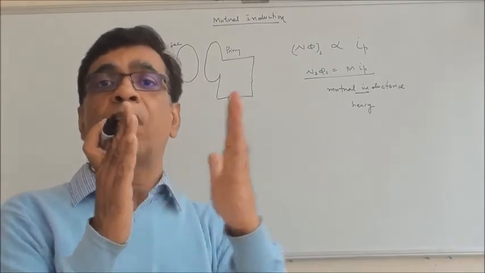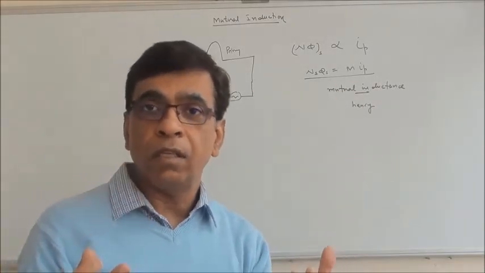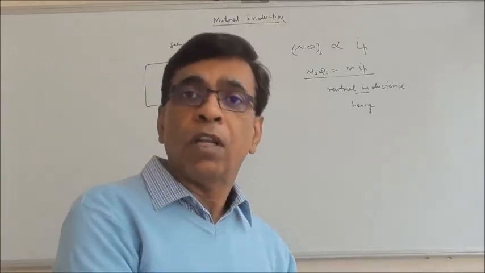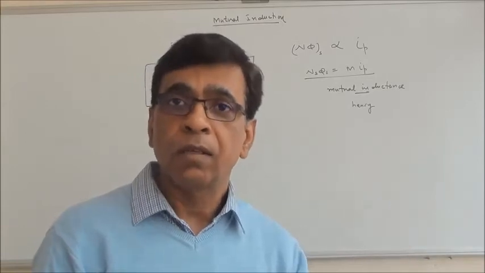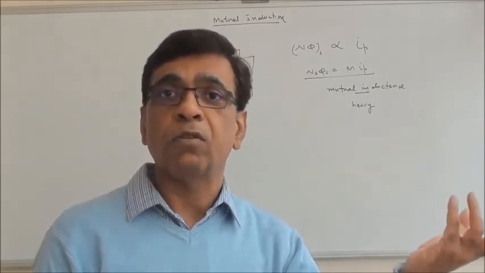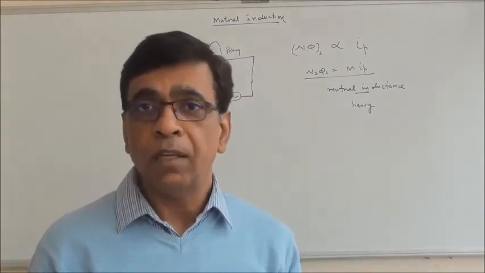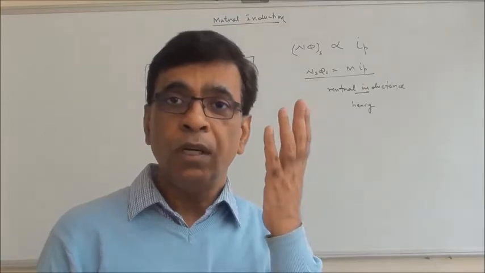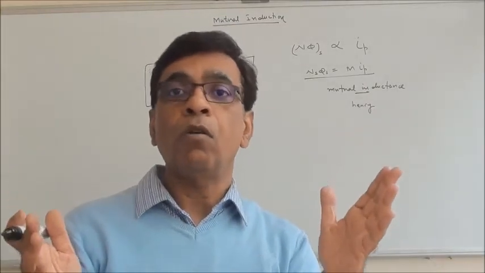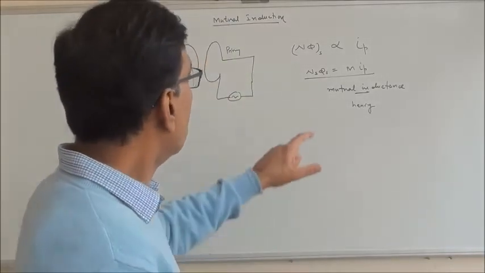If the secondary is far away from the primary, then maybe the changes in the primary may not affect the flux passing through the secondary, or the flux passing through the secondary may have a negligible value. So there won't be any induced EMF. So mutual inductance will depend on the distance and how the coils are placed.